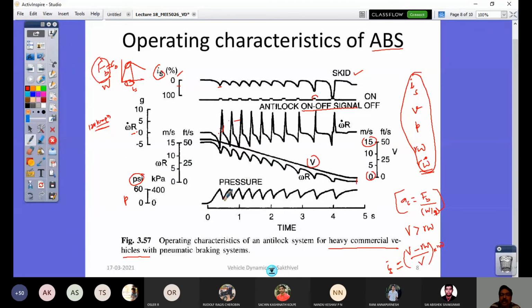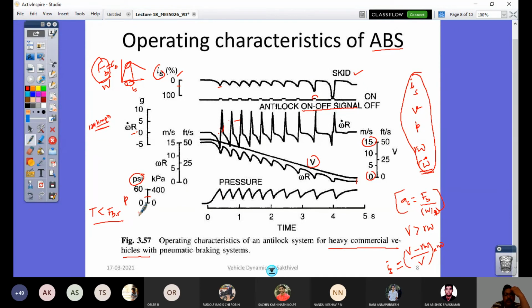You would have TB less than FBR. When the wheel cylinder brake pressure is dropping, it means braking is not being applied, so TB is less than FBR.